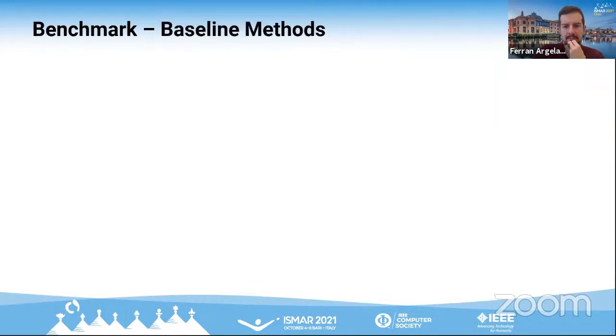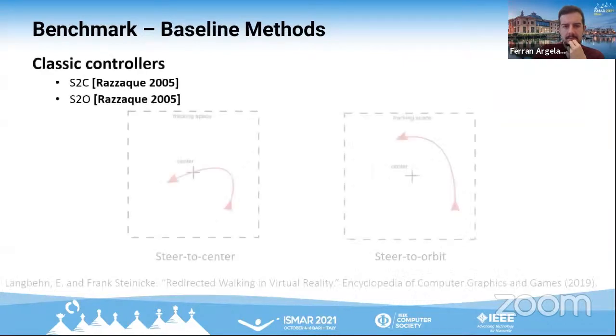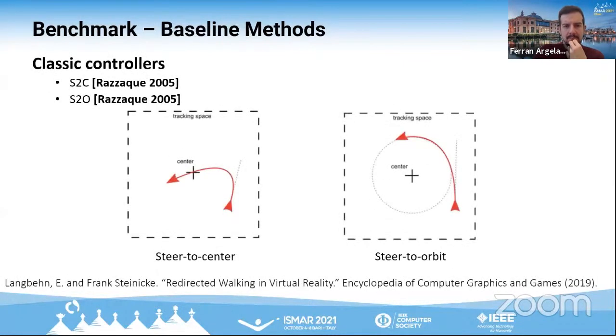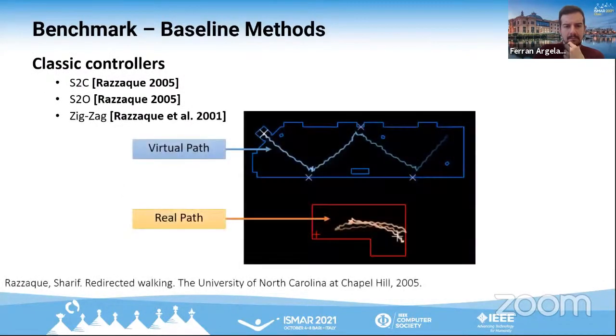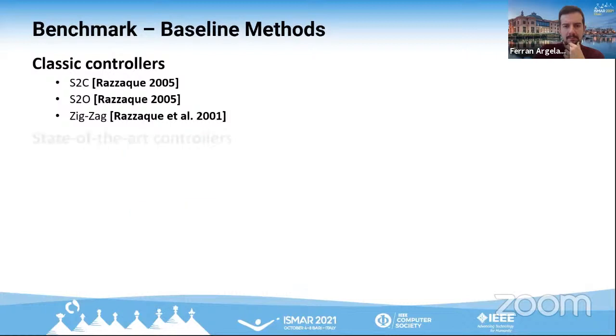Currently, this benchmark integrates 10 RDW controllers. The methods H2C and H2O represent the classic reactive controllers. Zigzag represents the classic predictive controller, which can fold a sawtooth-shaped virtual path into a back and forth pattern.